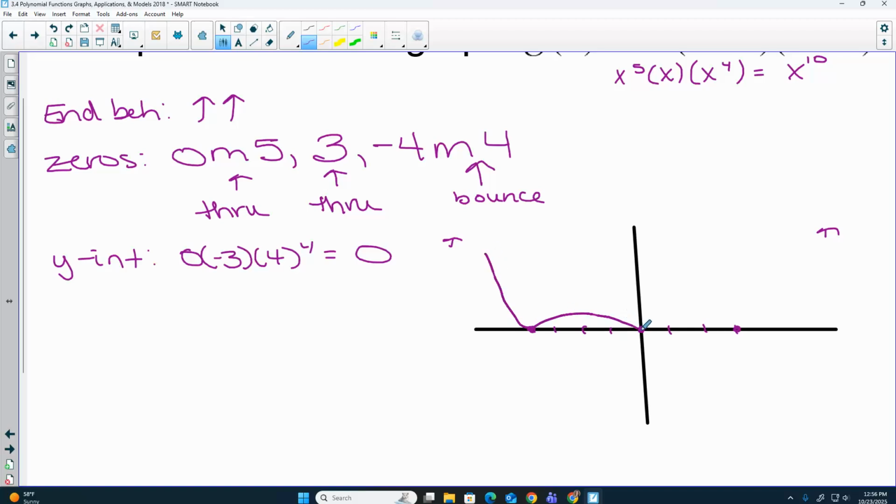So come back and hit there. At 0, we go through. And at 3, we go through. So it just keeps going up. So that matches what we need. All right. Any questions on this?